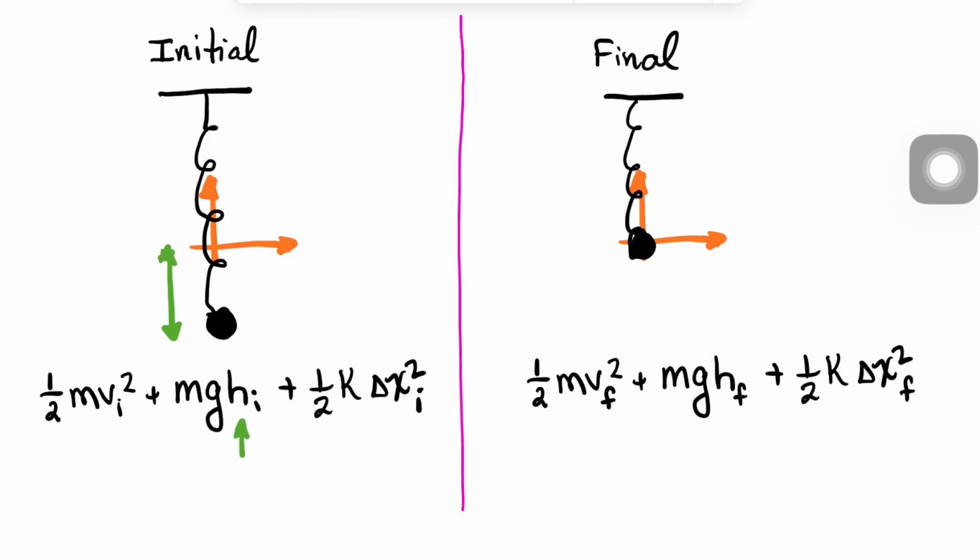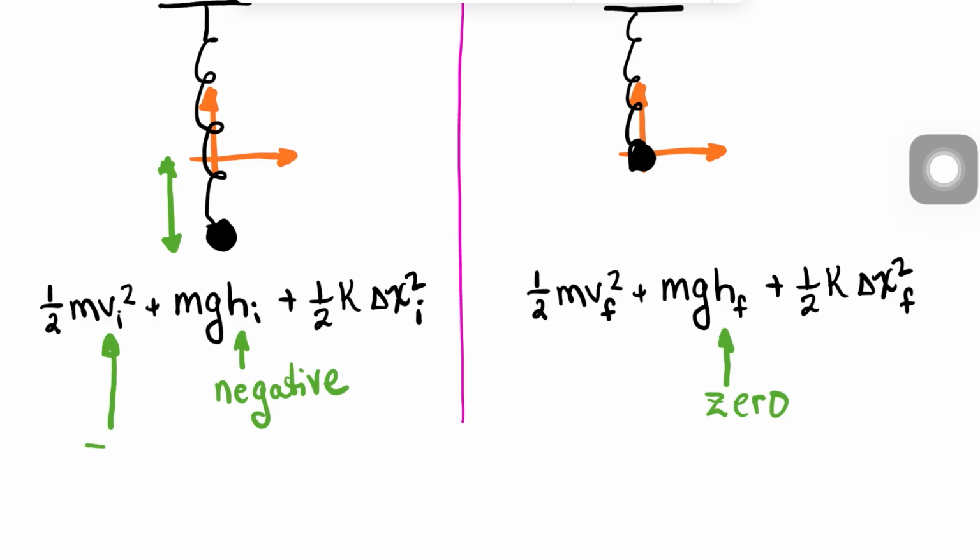Because I put my origin above the initial location, my initial height will be negative. My final location is right at the origin, so my height final will be 0. My initial speed will be 0 because I'm just releasing the mass at that location. My final speed will be the maximum speed that the bob ever has.